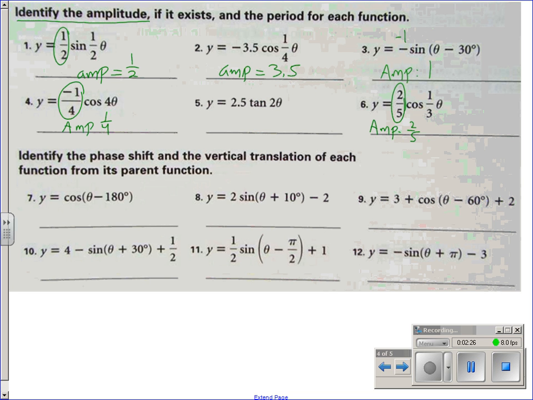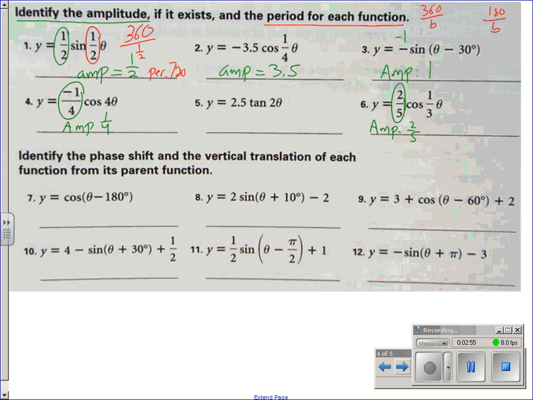The other thing it asks for is the period of each function. Generically, again, 360 divided by b for the sine and cosine, and for tangent, 180 over b. So back to question number 2. Our b value is what you're multiplying theta by. It's a sine function, so we're going to go 360 divided by 1/2.